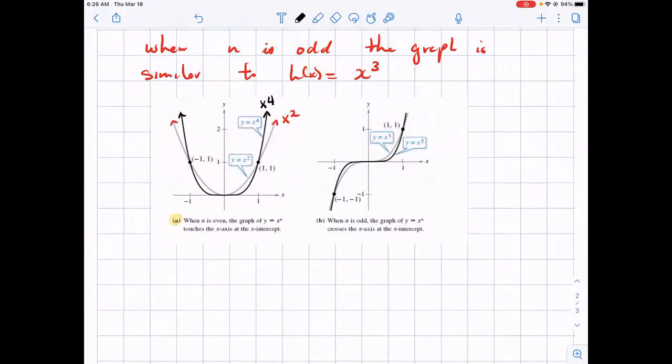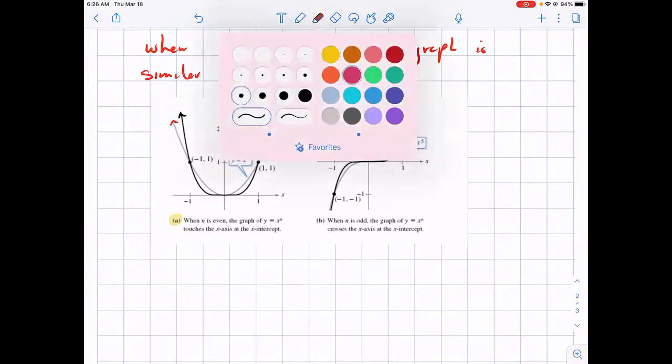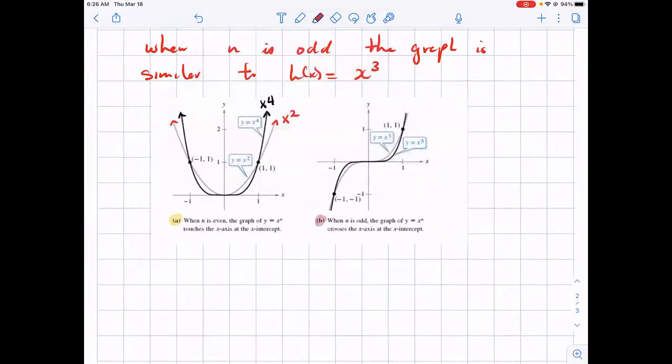They are parabolic. On the other hand, if you look at the cubic graph, x cubed, which is the light color graph, notice that they do intersect at some point, and the graph x to the fifth looks very similar.